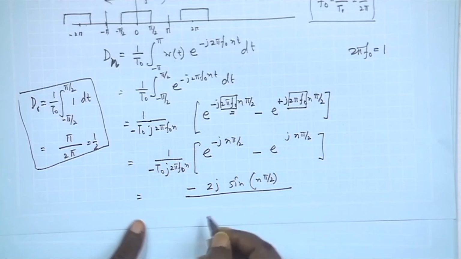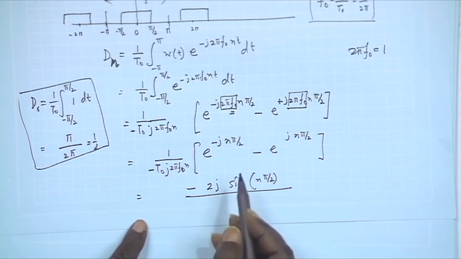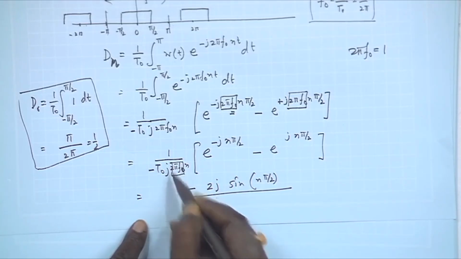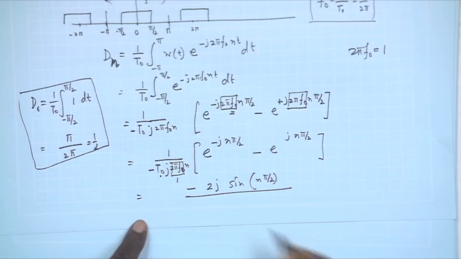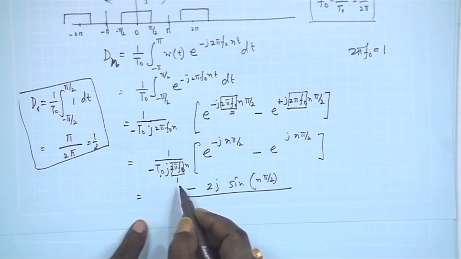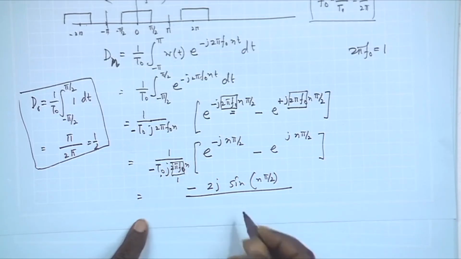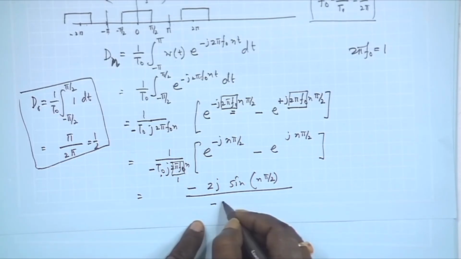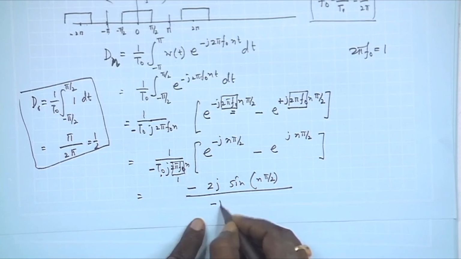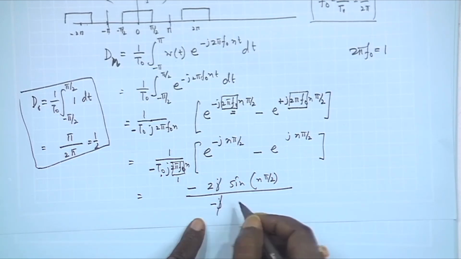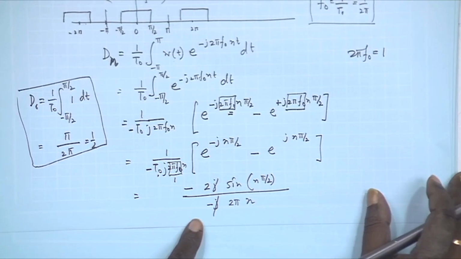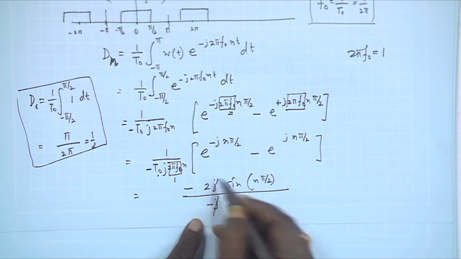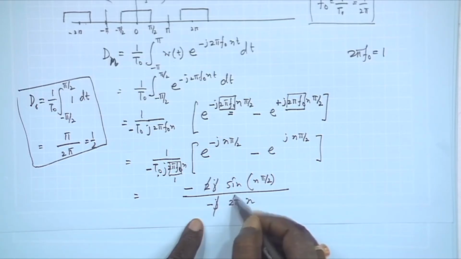Okay. And then again you have this becomes 1, T0 is 2 pi, and so basically minus j is already there, which gets cancelled, T0 is 2 pi and n, right. So 2 gets cancelled.